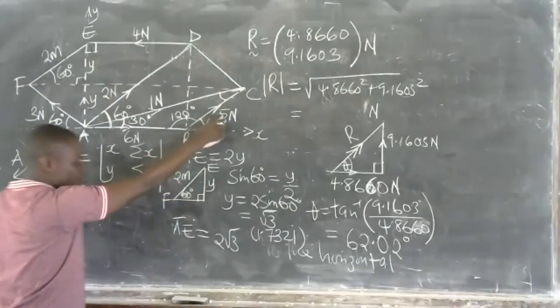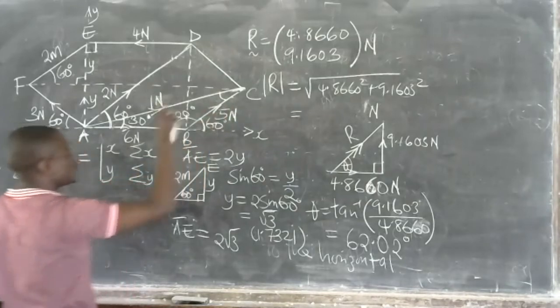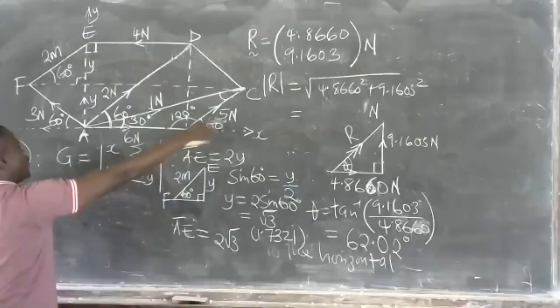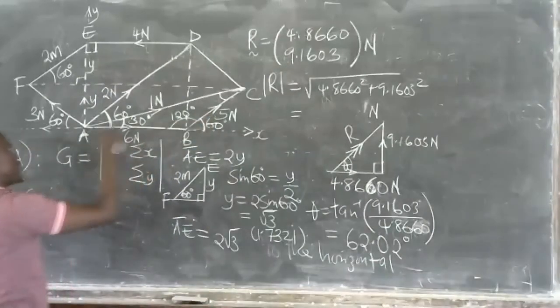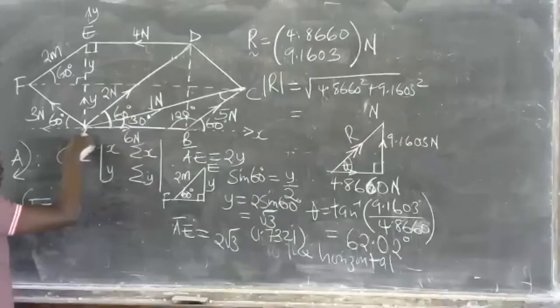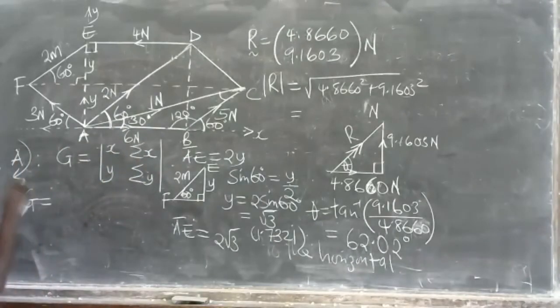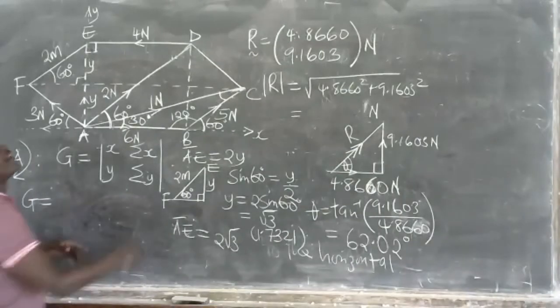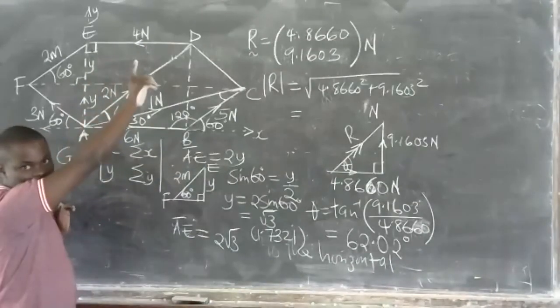I'm left with the 5 newtons force. When you look at the 5 newtons force, we don't have the perpendicular distance from A onto the force. The moment you lack perpendicular distance, you resort to the components, because components are acting horizontally and vertically.